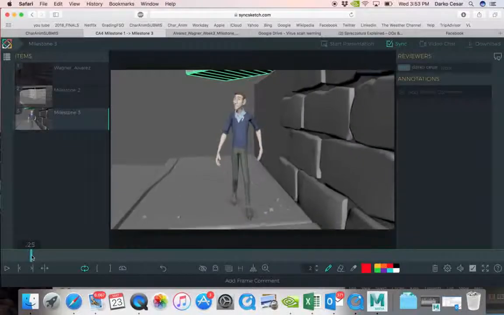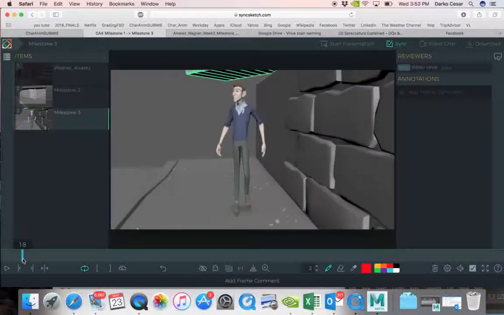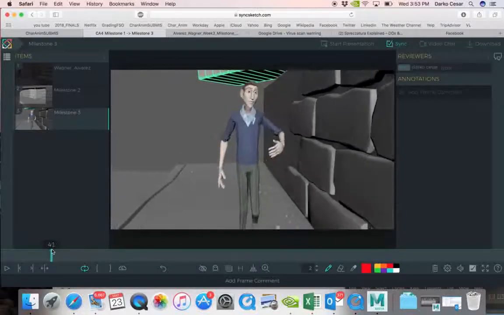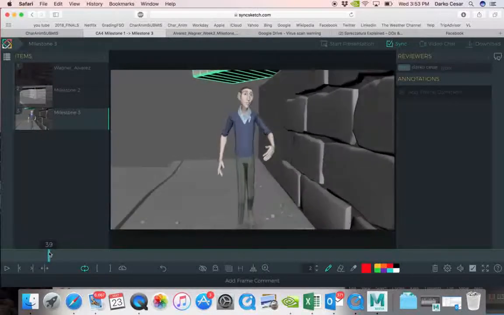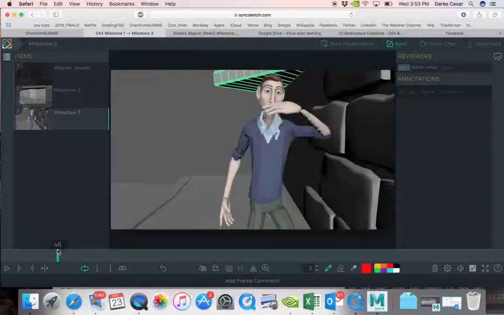Is he looking for his friend who was supposed to be here? What's going on? Why is he looking around? If he's looking around so much, it would be even hard to see that wallet. And is it a wallet or a cell phone, something like that? But really, it doesn't matter, right?